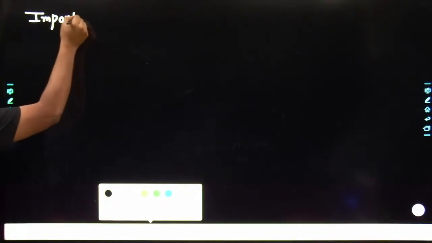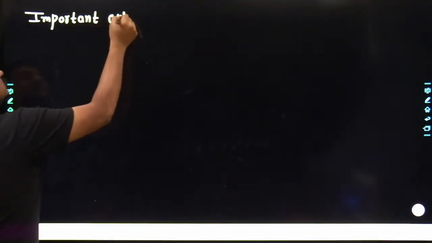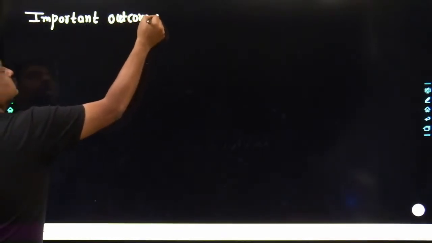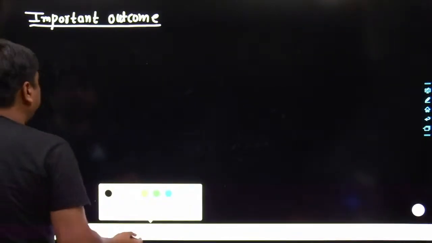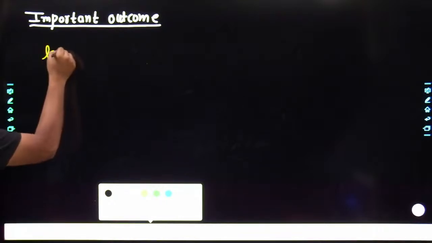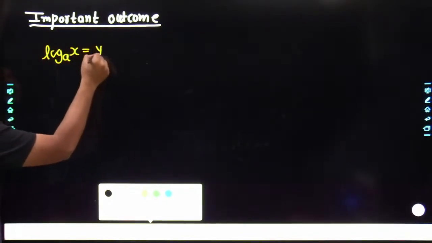So write down the important outcome. Here goes the important outcome. Like the log has been applied over x and the result has been y.